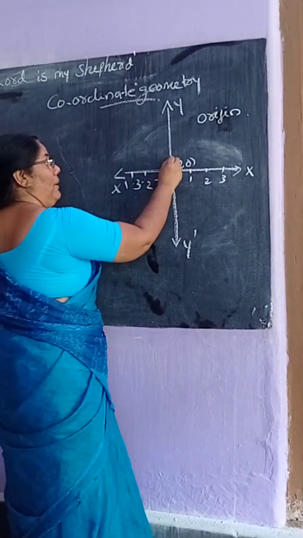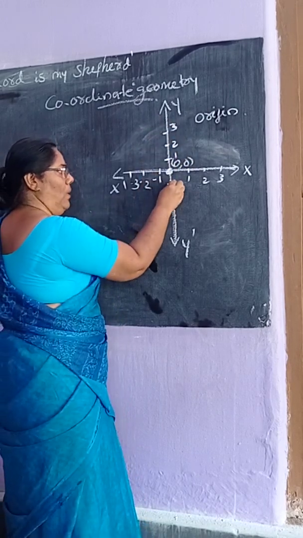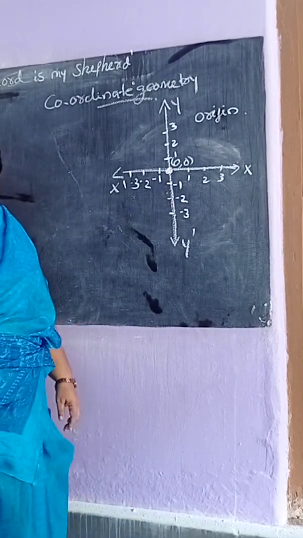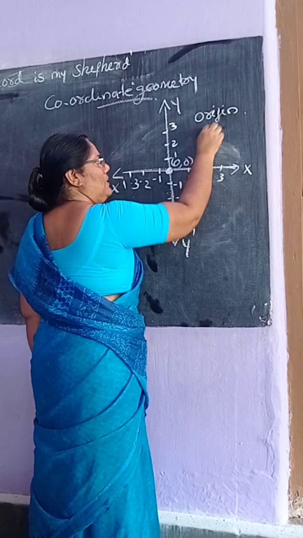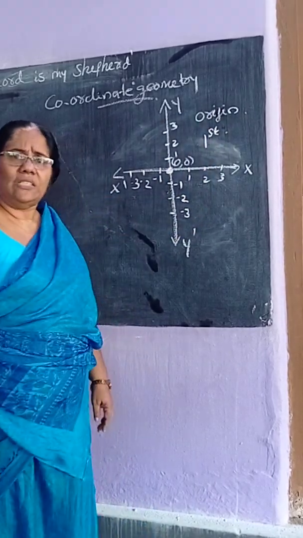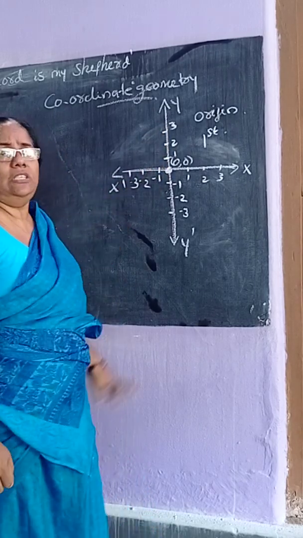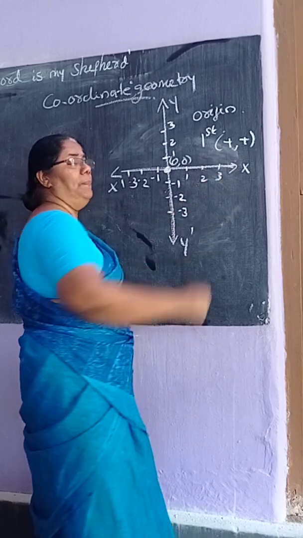And above we mark 1, 2, 3. Below, minus 1, minus 2, minus 3. And you know that this is the first quadrant. In the first quadrant, x is positive and y is positive. Therefore, both the coordinates are positive.